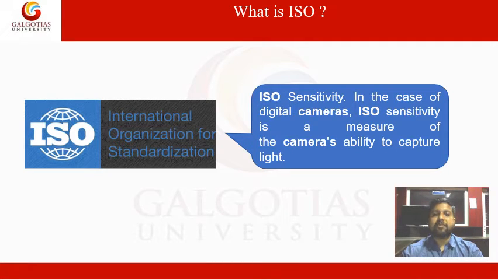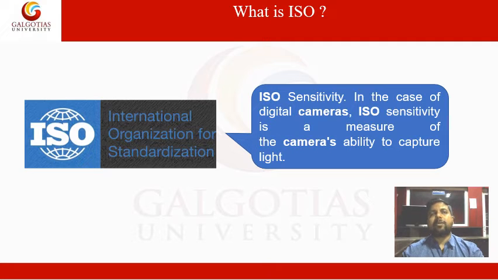So that sensitivity is calculated in numbers, ISO. ISO is the number assigned to the sensitivity of a sensor, like 100 ISO, 200 ISO, 300 ISO.